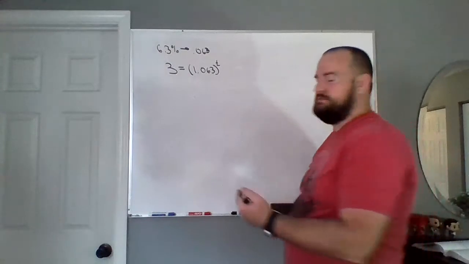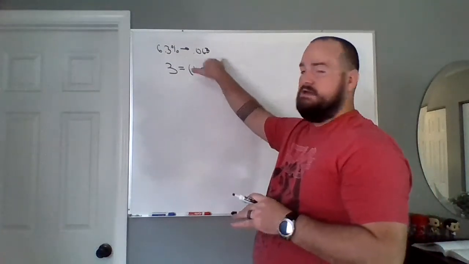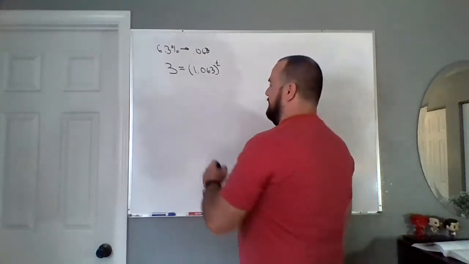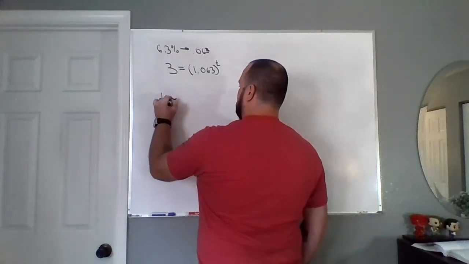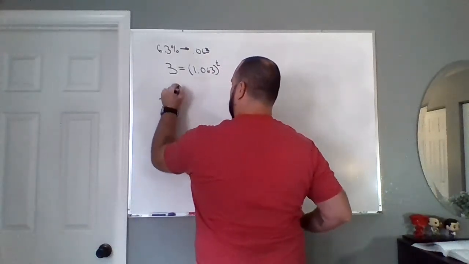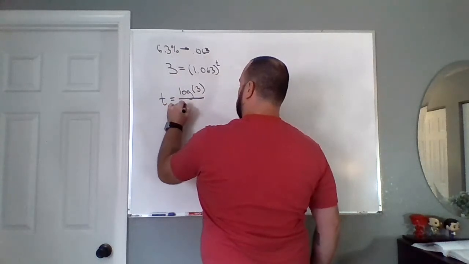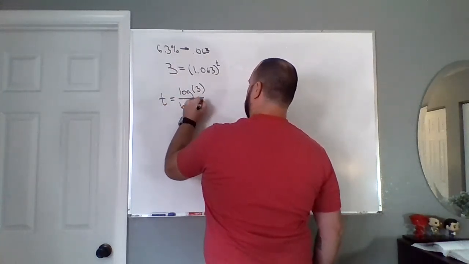Use our logarithms. We've done this a few times, so I'm going to jump some steps. I take the log of both sides, move the t, divide by that, and what I end up with is t is exactly equal to the log of 3 divided by the log of 1.063.